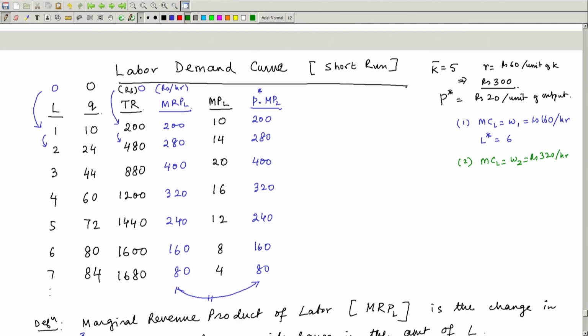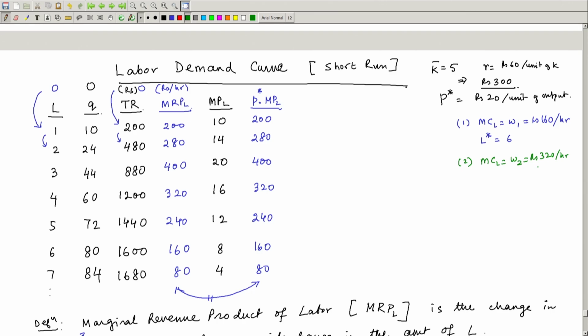Now, notice how that is going to alter my optimal choice of labor. Again I can use the same rule, marginal revenue product equal to marginal cost of labor. If you look at the first few units, the first labor hour has a marginal revenue product equal to 200, which is lower than 320.